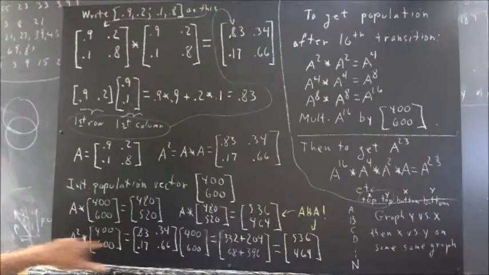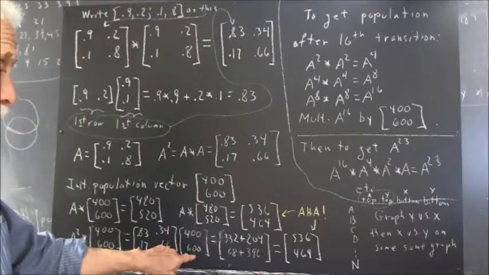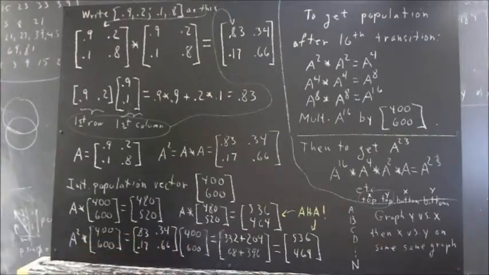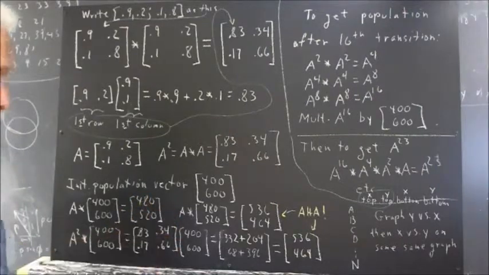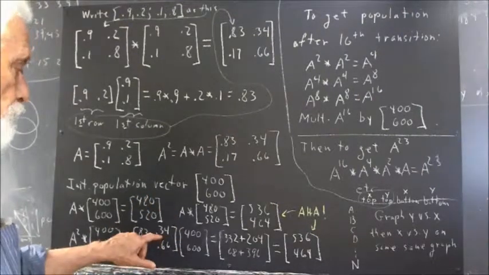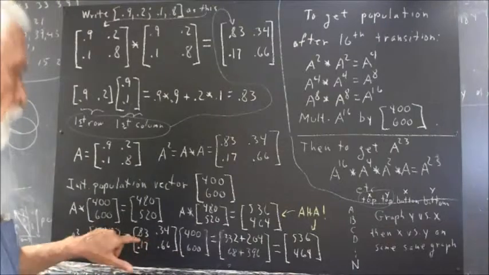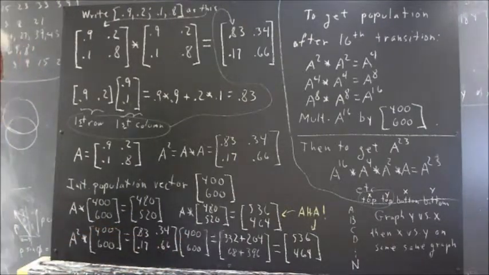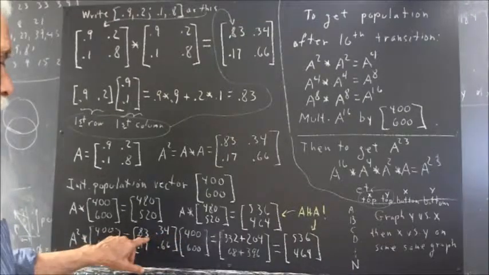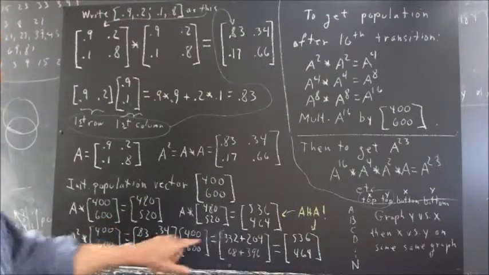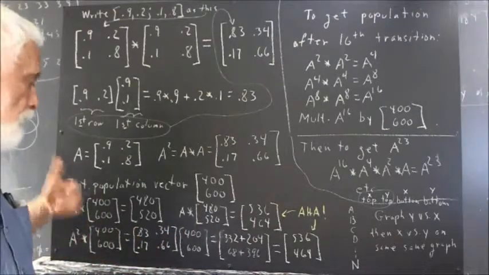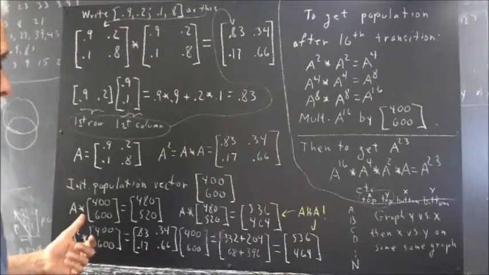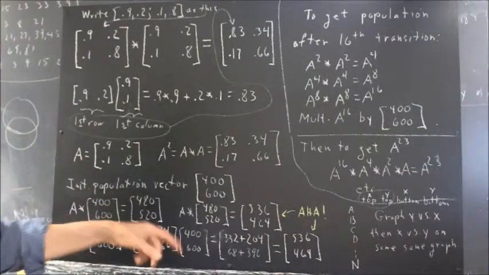Okay, and now A squared is this, multiplied by 400, 600. 0.83 times 400, another calculation you should easily be able to do in your head. 4 times 8 is 32. So 0.8 times 400 is 320. And 4 times 3 is 12, so if we multiply 400 by 0.83, we would get 320 plus 12.